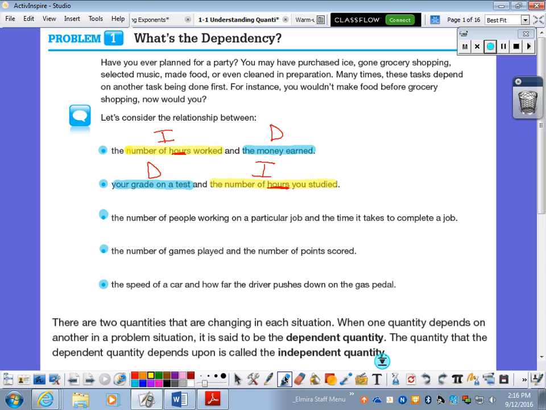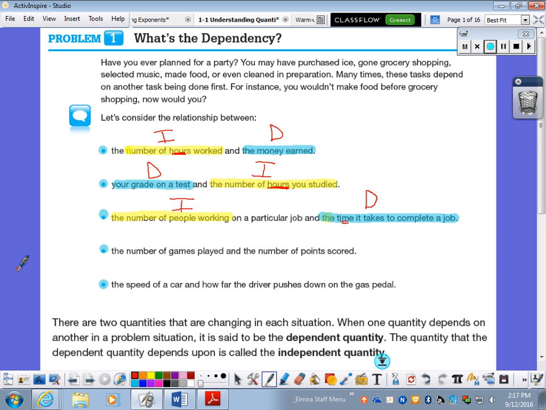So the time it takes to complete the job actually depends on the number of people that show up to work on it. So in this one, time is not independent. Probably one of only 2 times the whole year that's going to happen.